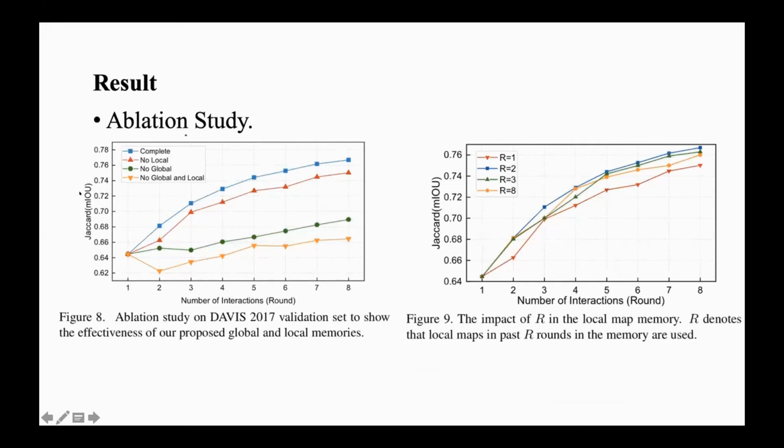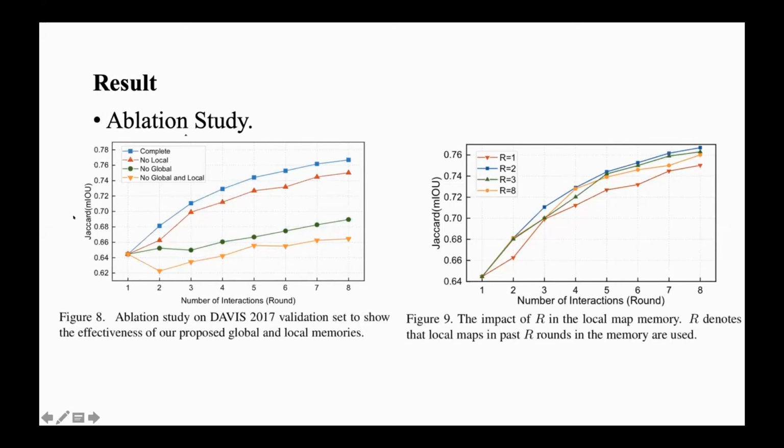This is the ablation study. It shows the effectiveness of our proposed global and local memories. This line means we do not use the global and local memory, and in the next lines we add the local memory, we add the global memory, and we add both global and local memory.